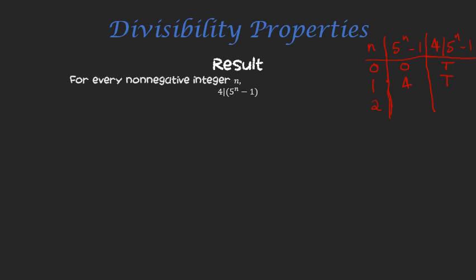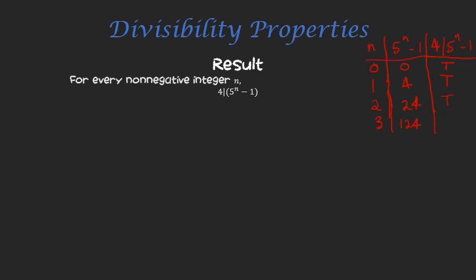If n is 2, here we'd get 25 minus 1, we'd get 24. And 4 does divide 24, right? Because 24 is 4 times 6. So that's true. Maybe let's just do one more because it's going to get big really quick. 5 to the third is 125. 125 minus 1 is 124. Does 4 divide 124?